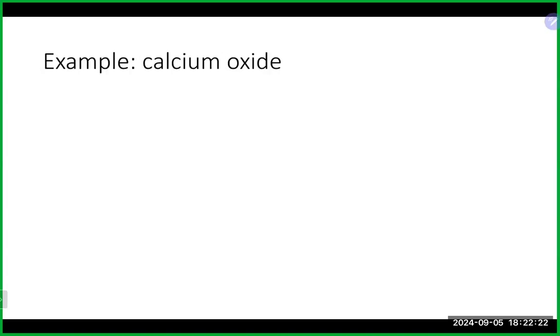Now, if we take a look at another example here, which is calcium oxide, again, we have calcium, which is a metal. We have oxygen, which is oxide, which is a non-metal. So once again, that is all we need to know, that this is going to be an ionic bond. If we look at the calcium, which is group number 2 on the periodic table, it should have a couple of valence electrons.